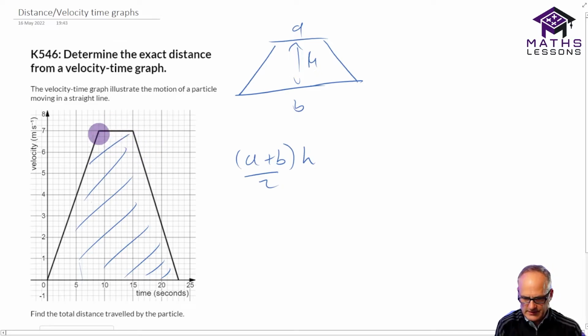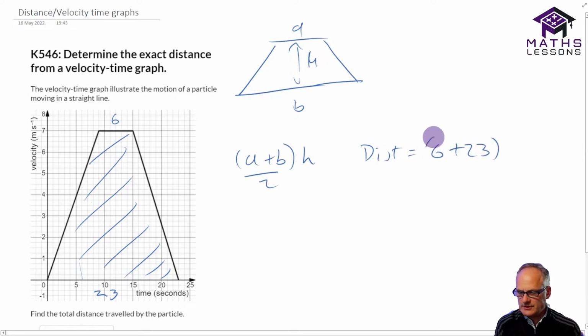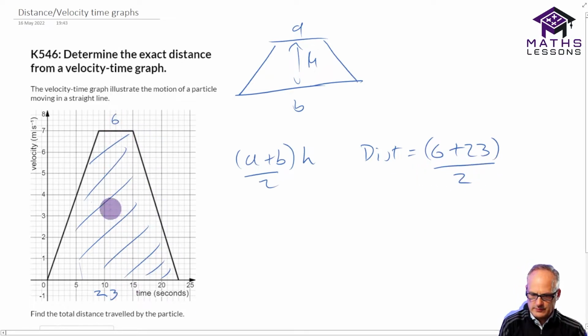So we can see that each square is going to be 1 unit, so it's going up 1, 2, 3, 4, 5, 6, that distance is 6, and on the bottom we have 23. So A is equal to 6 and B is equal to 23. So the distance will equal 6 plus 23 divided by 2 times by the height between them, which is the velocity, 7 seconds.